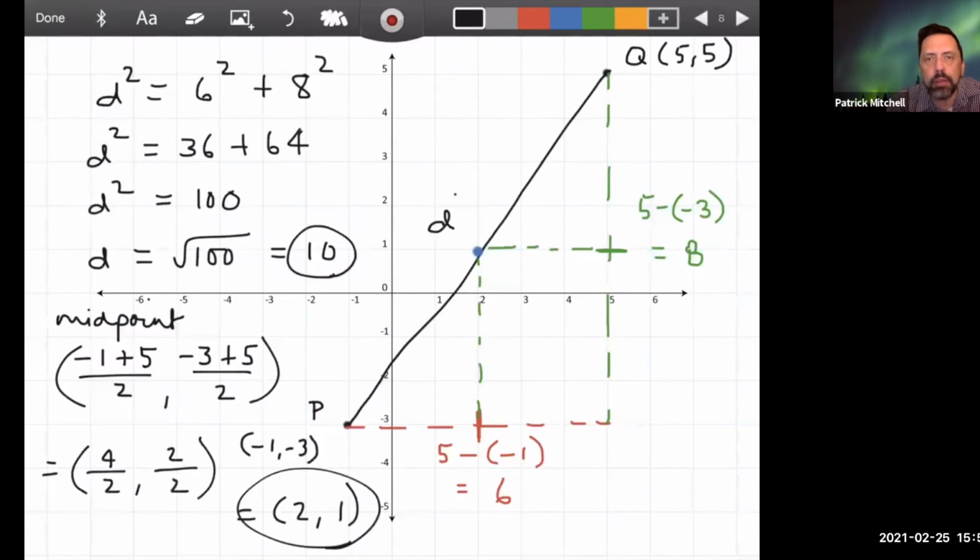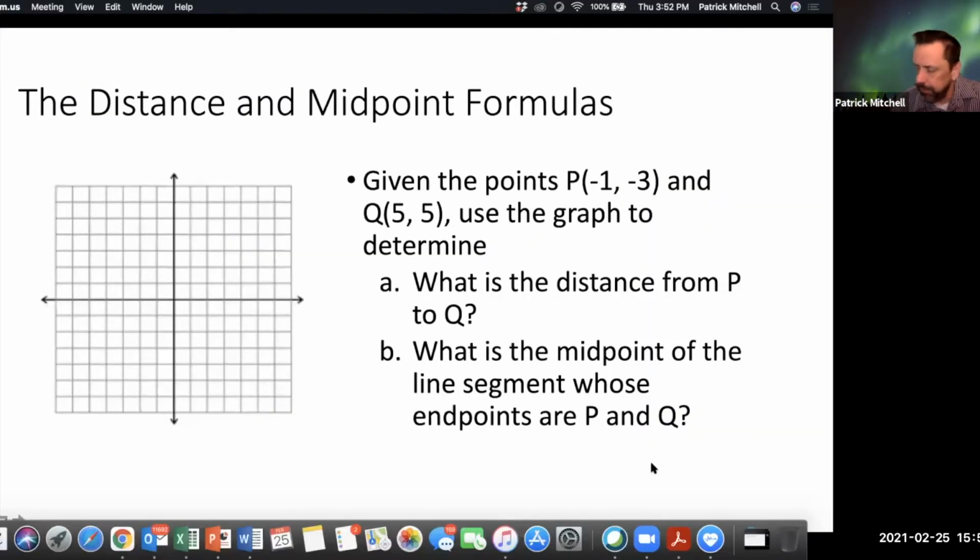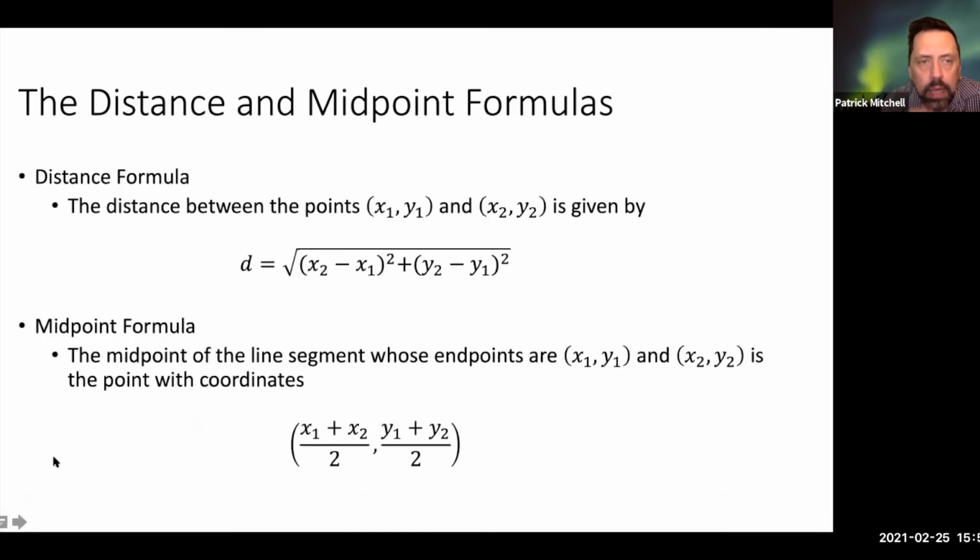Okay, so now I'm going to throw a couple of formulas at you, which will hopefully seem reasonable, having seen that. All right, and here they are. So first we have the distance formula. The distance between the points (x1, y1) and (x2, y2) is given by doing this. This formula looks kind of scary, but what I want you to remember is that it just comes from the Pythagorean theorem.